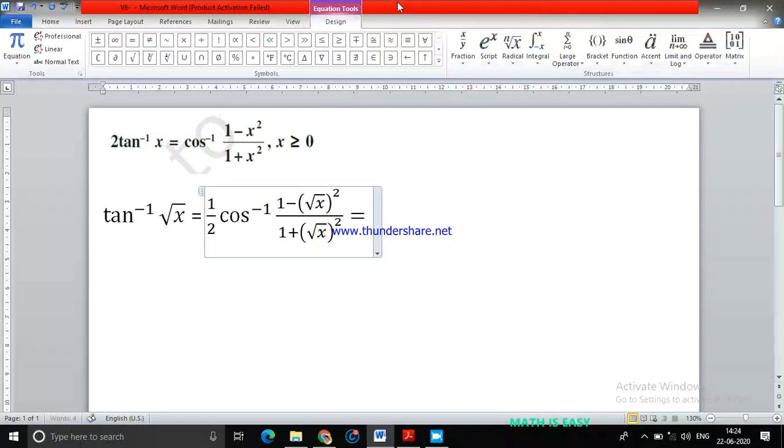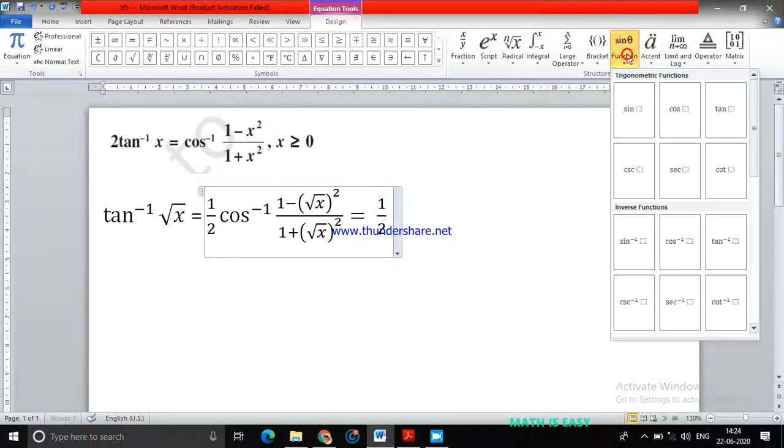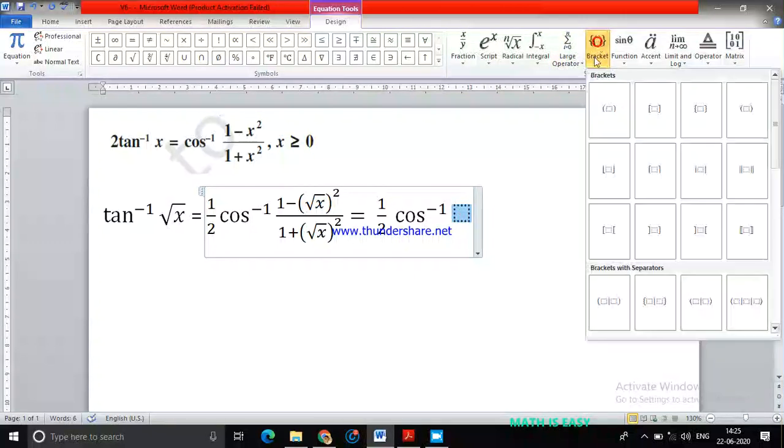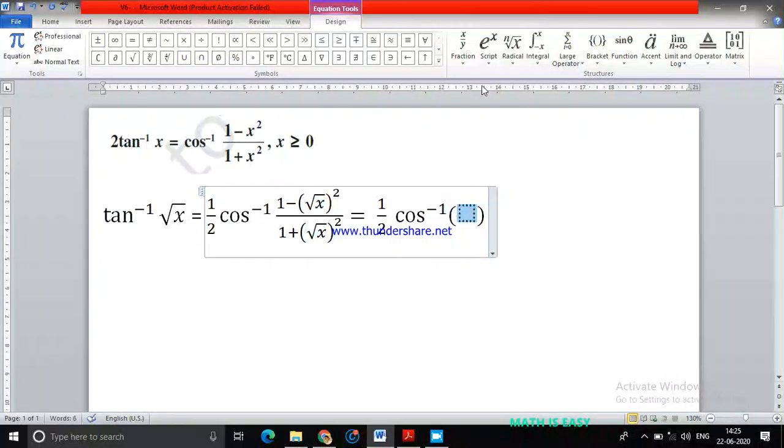It will become 1 by 2 will remain as is, 1 upon 2 into cos inverse. If you want to maintain a bracket, you can put it.